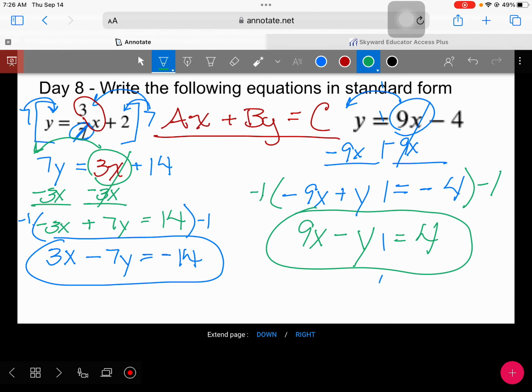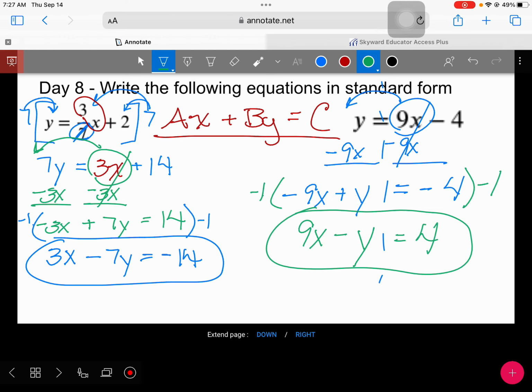Yes? Why did you put the negative 1? Because the a value has to be positive. Okay, help me out. I'm not sure what you're talking about. Where? What step? You put negative 1 in front of the parentheses and then 1 at the end.